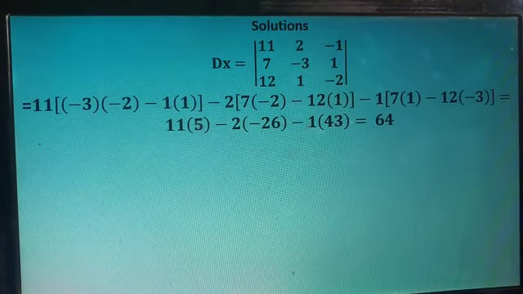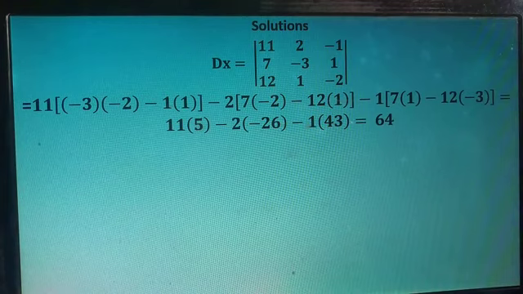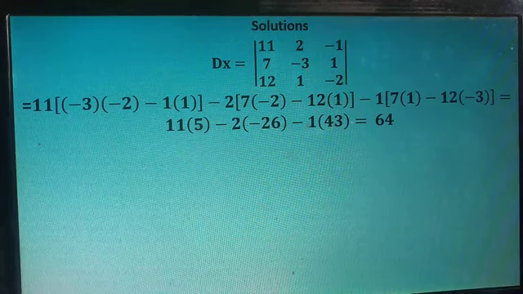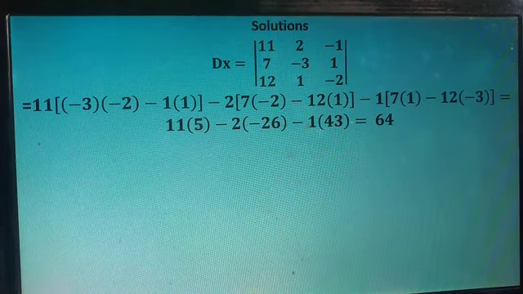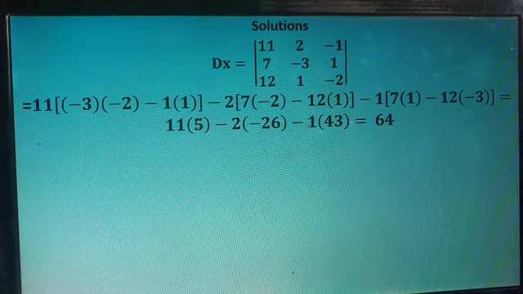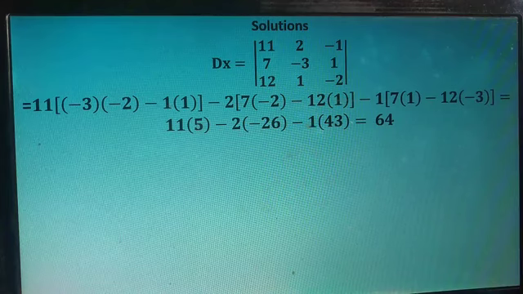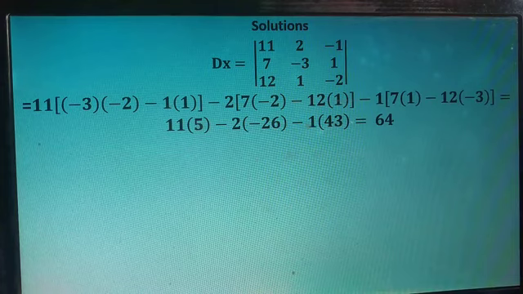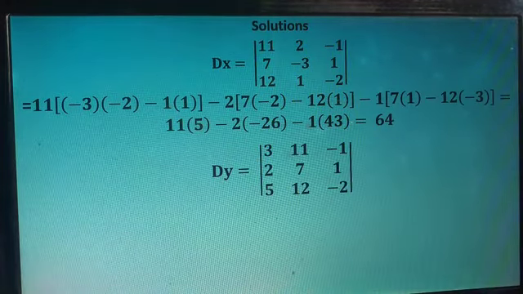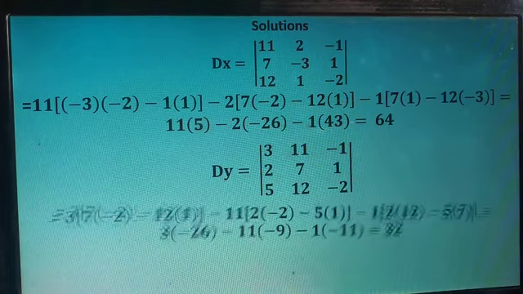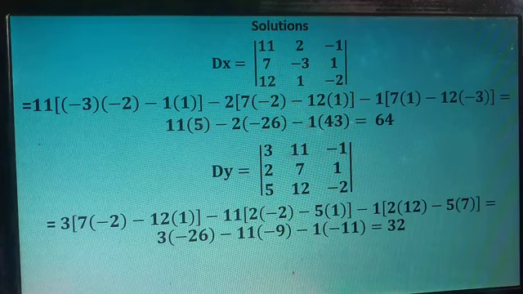Then we look at the determinant. The way this determinant is found, or the determinants are going to be found, is the same way that we find 3 by 3 determinants. So the determinant in this case representing x is 64. Then we look at the determinant representing y, and that determinant is simply 32.